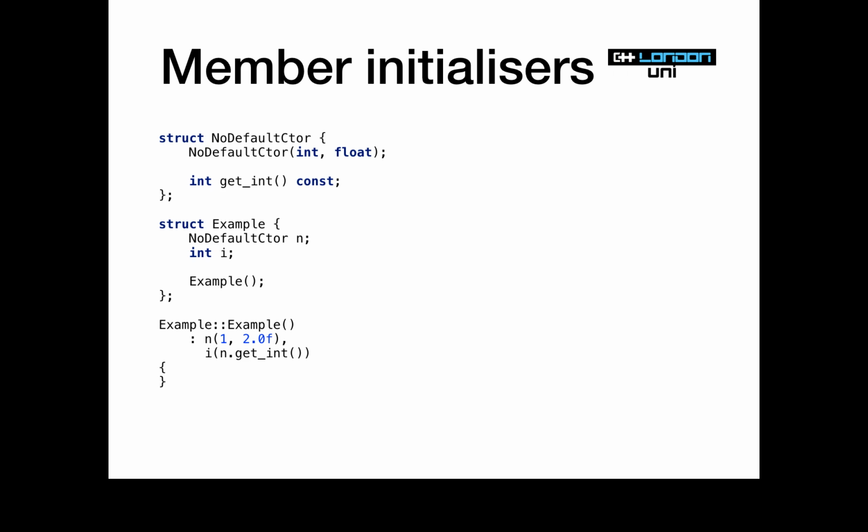So just to be explicit, you could put n.getInt first and then n second, all over the place. You absolutely can, and it will still work. This is guaranteed to work because n is guaranteed to be constructed first. So you're absolutely right. If in the initializer list I flip those two round, it wouldn't matter because they always get constructed in this order, not in this order.